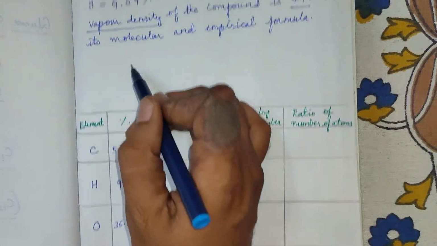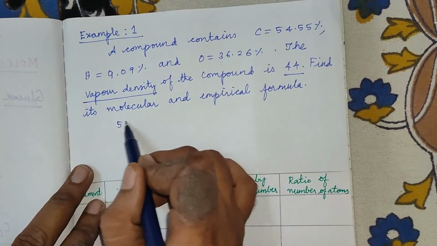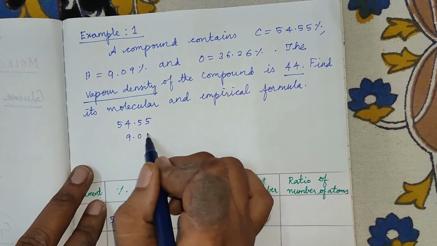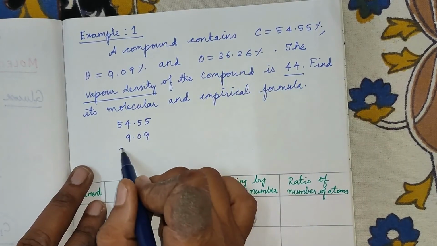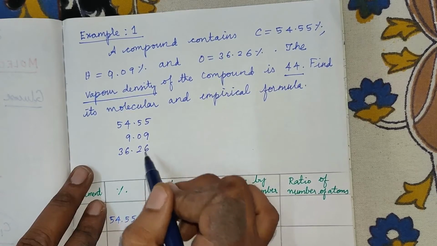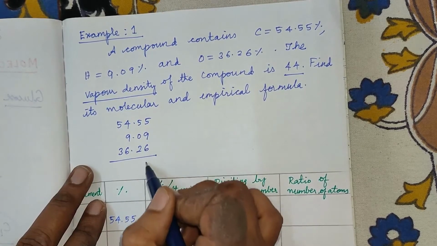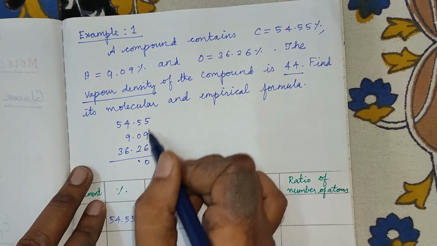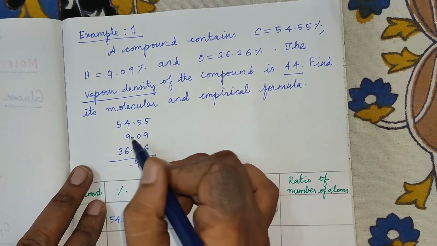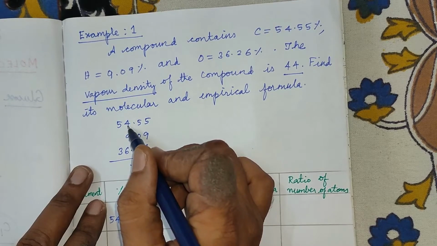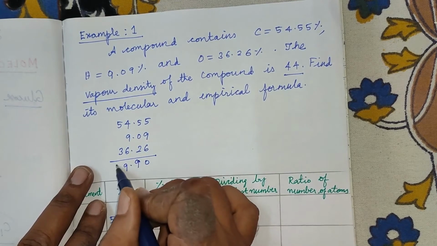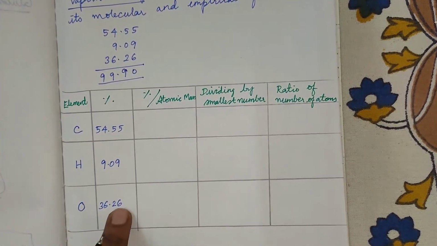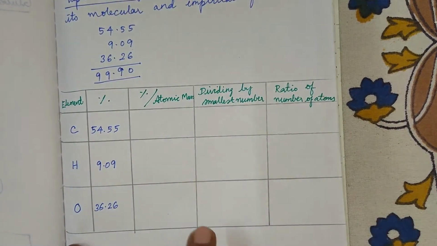Adding 54.55, 9.09 and 36.26, approximately it is going to be 100. So the data is complete. Now you can proceed.